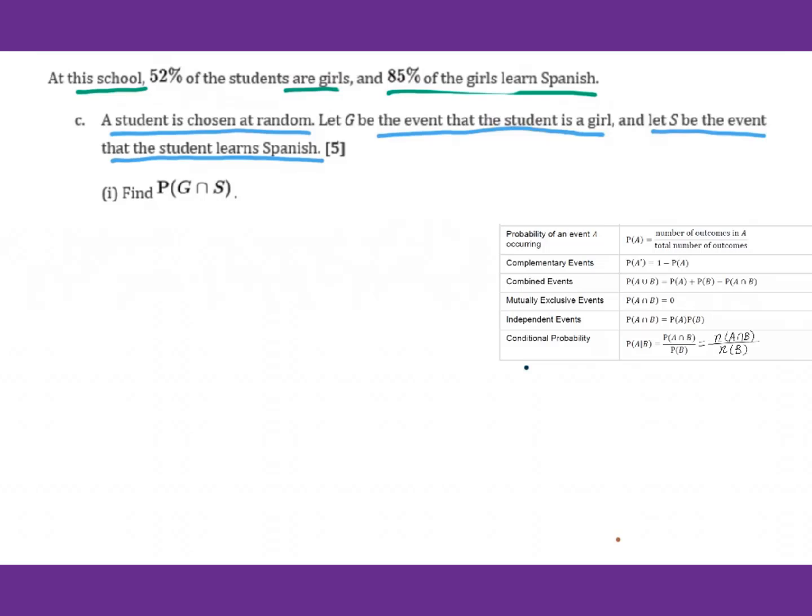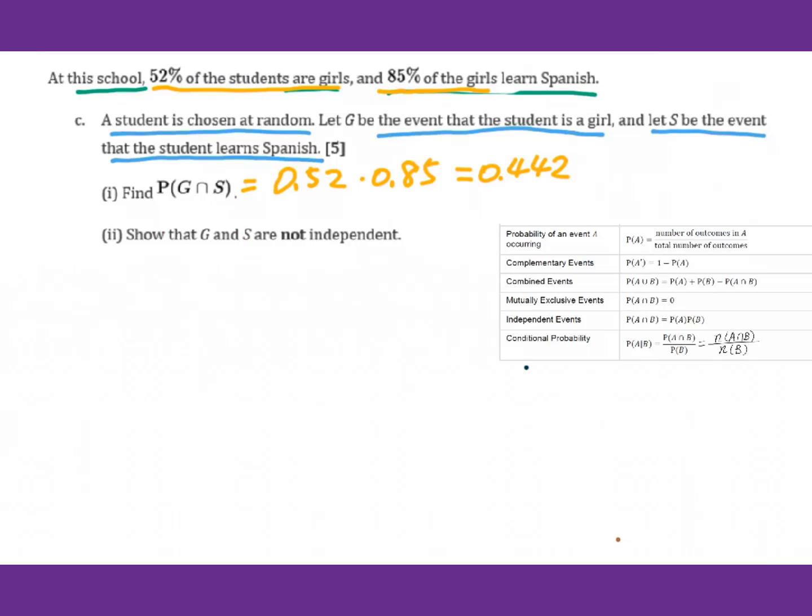Since 52% of students are girls and 85% of the girls learn Spanish, therefore the probability girl and Spanish will be 0.52 times 0.85 equals 0.442.